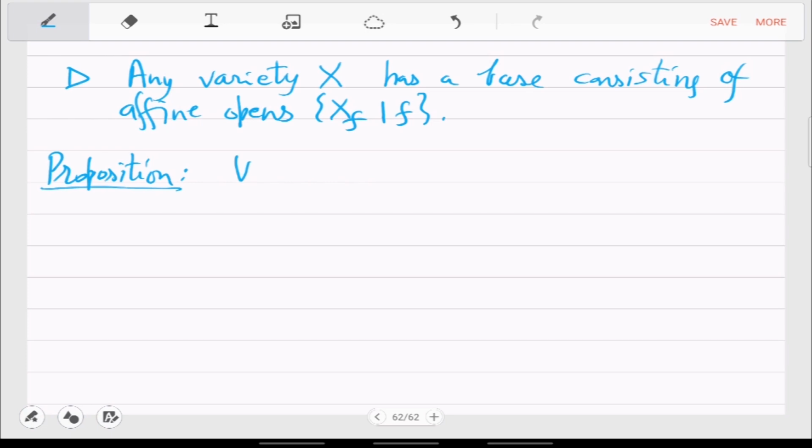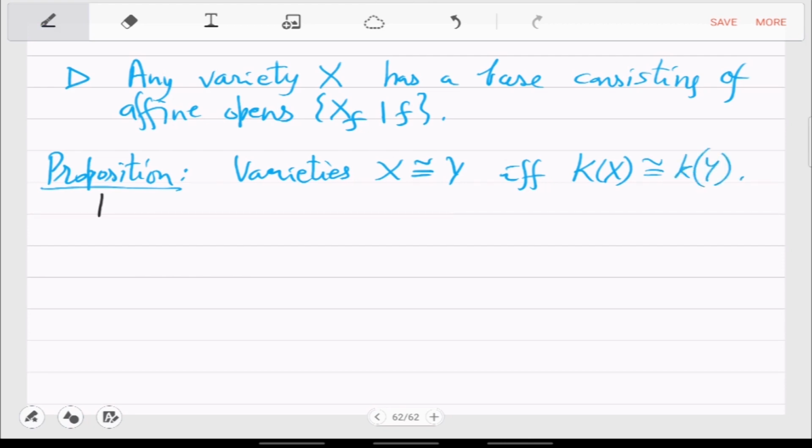So varieties X and Y are isomorphic if and only if function fields are isomorphic. Let's prove that. Where isomorphism, remember, is defined by birational equivalence. So this is the definition of birational equivalence.